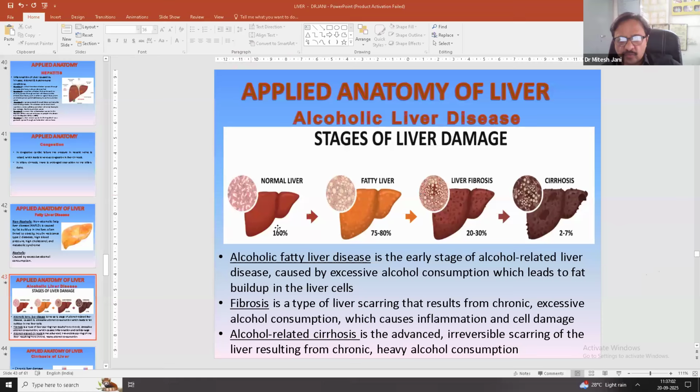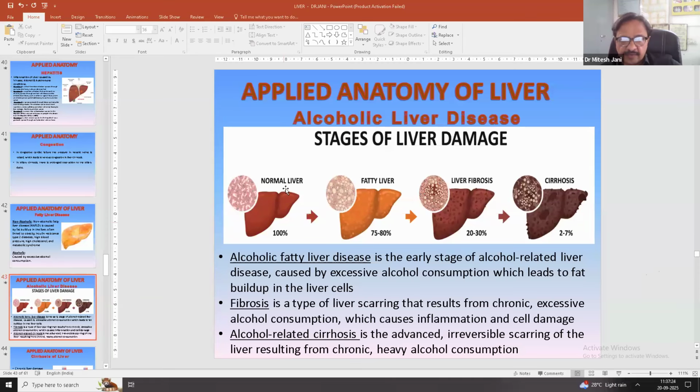See, this is the normal liver, then this is the fatty liver, and if the person is also taking alcohol constantly, then fibrosis develops. Then the last stage, alcohol-related cirrhosis, is advanced irreversible scarring of the liver resulting from chronic heavy alcohol consumption.